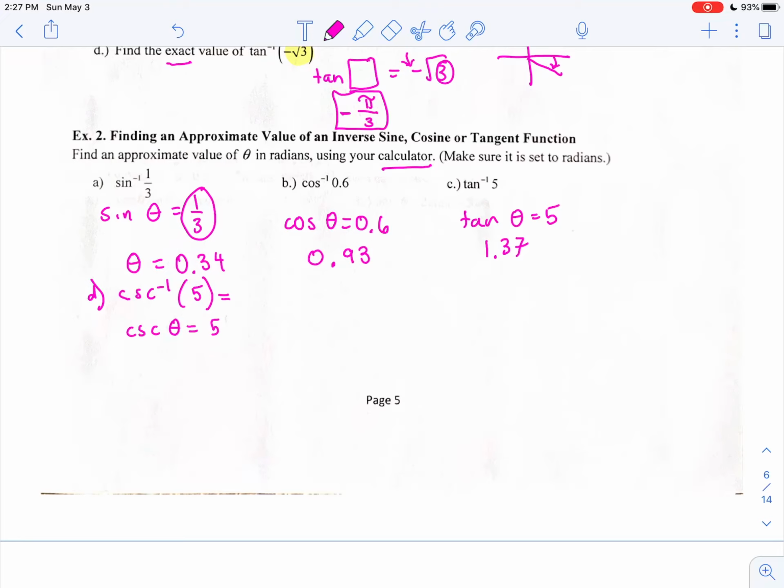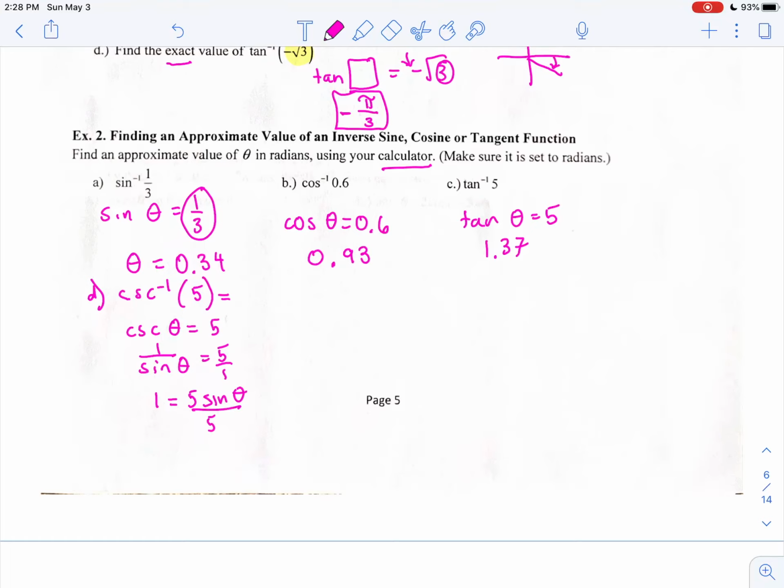Well, we were able to find cosecant on the calculator before by entering it in as the reciprocal function. So we're going to do a little bit of magic here as well. Cosecant goes with the sine, so it's the reciprocal of sine. If I solve for this and multiply sine to the other side, I get 1 equals 5 sine of theta.